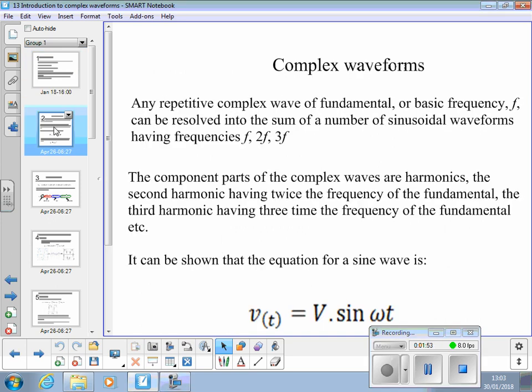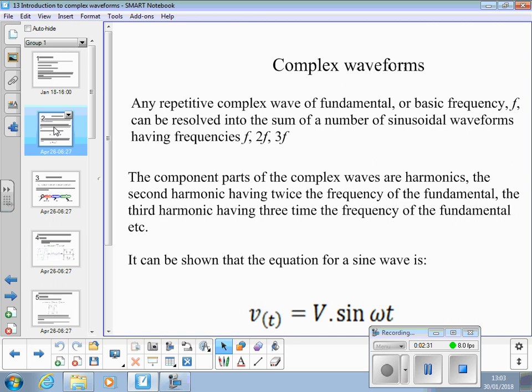So, first of all, a repetitive complex wave of fundamental or base frequency f can be resolved into the sum of a number of sinusoidal waveforms having frequencies of f, 2f, 3f and so on. So multiples of the base frequency f can be added, and we have then the complex waveform. The component parts of the complex wave are called harmonics.